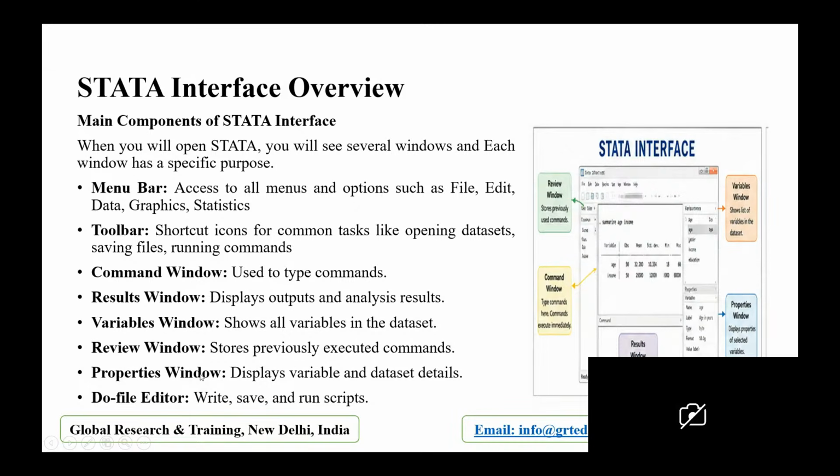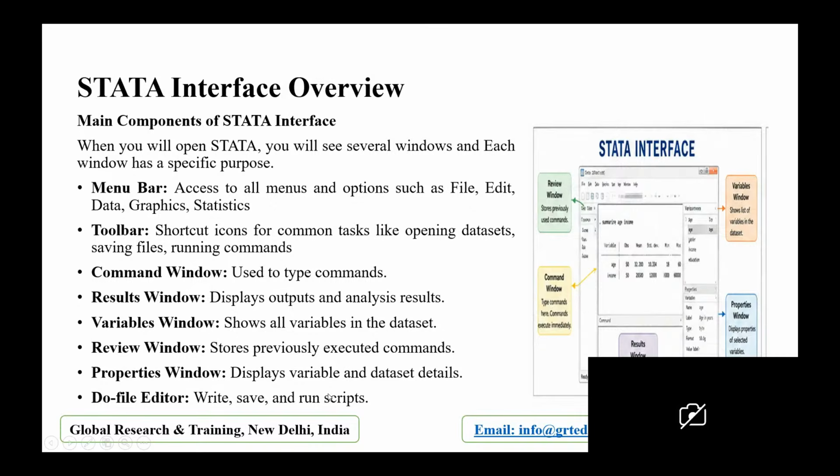The next one is the properties window. The properties window is divided into two sections. The first one is related to variables, and the second one is related to data. In the first section you will get all the information related to variables, and in the second section you will get all the details related to data sets. And the next one is the do file editor.